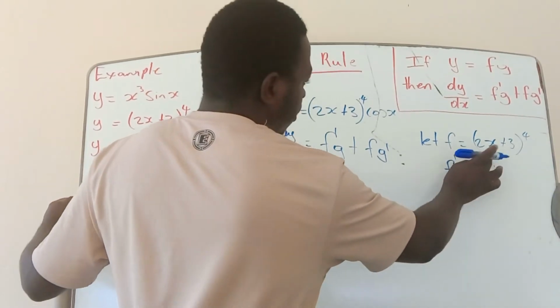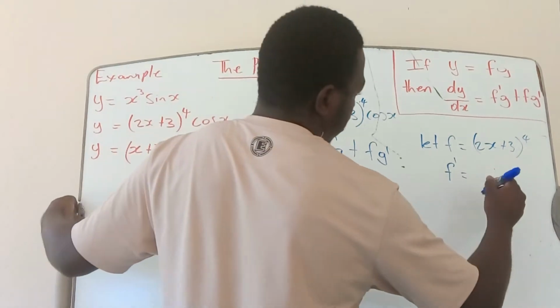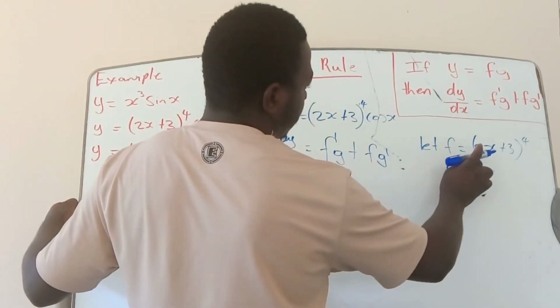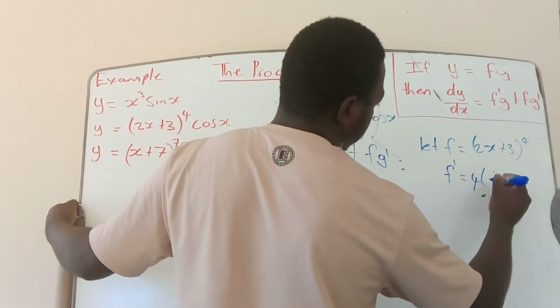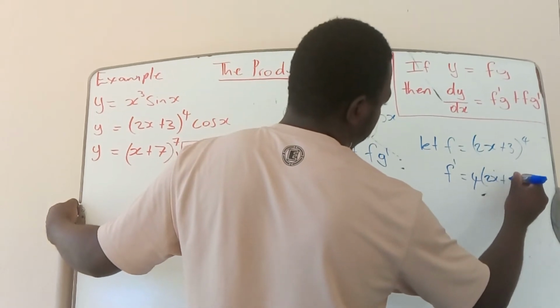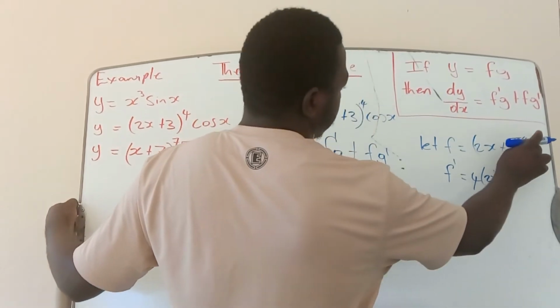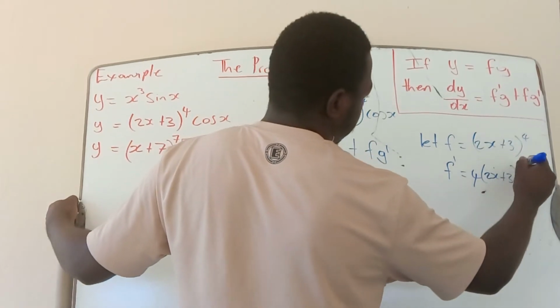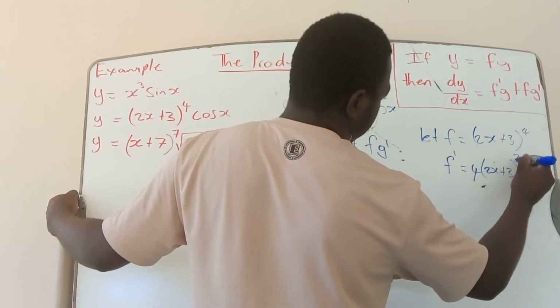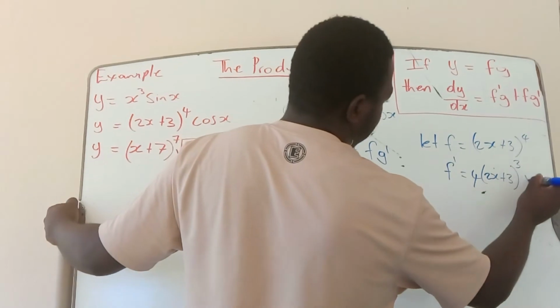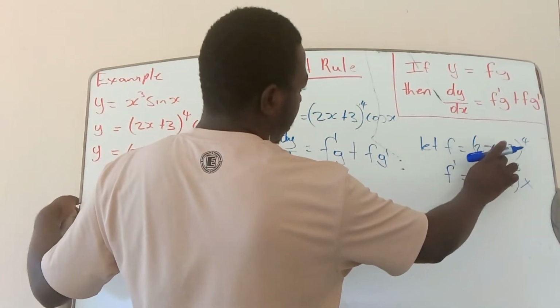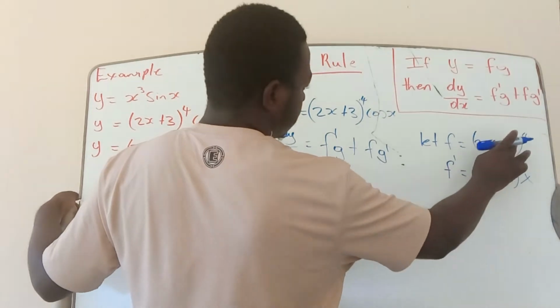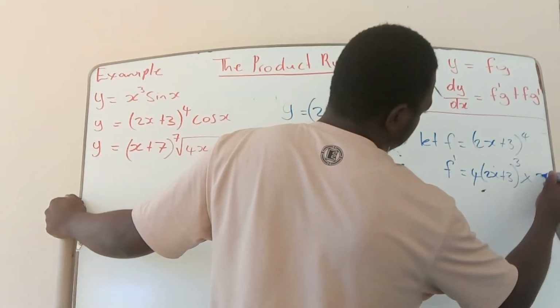So if you differentiate this function using the chain rule, you take the power to multiply the entire function, so it is 4 times the entire function, which is 2x plus 3, subtract 1 from the power, so this is raised to the third, multiply that by the derivative of the bracket. So if you differentiate the bracket, which is 2x plus 3, that does give you 2.